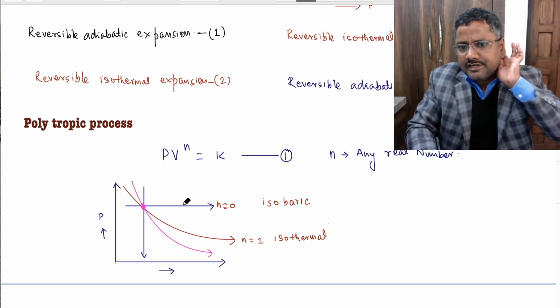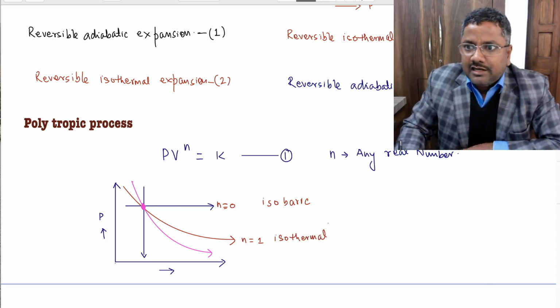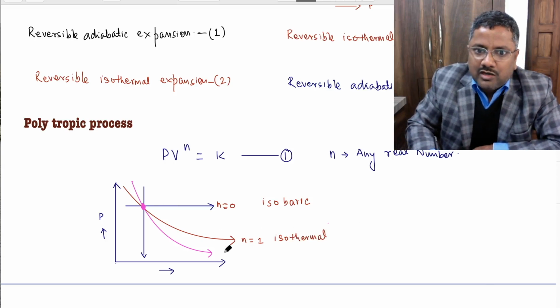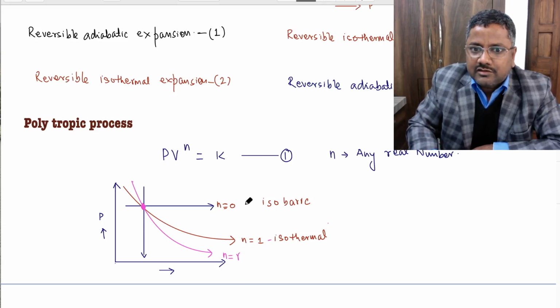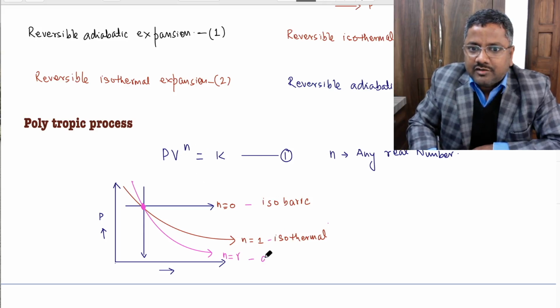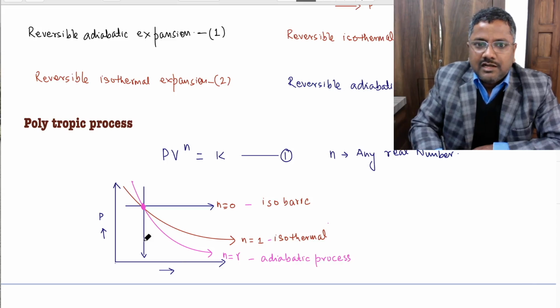Any intermediate state is also possible here. And n is equal to gamma. If we put n is equal to gamma, PV to the power gamma is equal to constant. So this is called what? Adiabatic process. And n is equal to infinite.